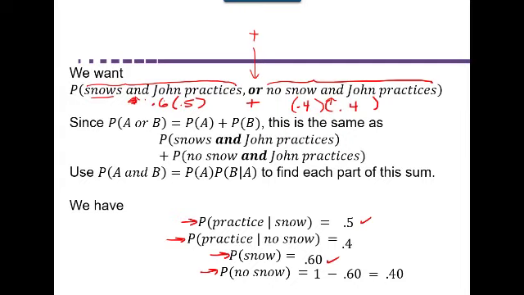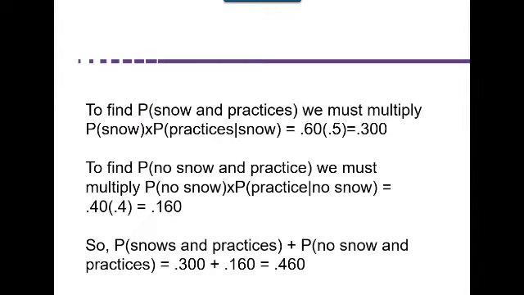Now the probability of no snow would be 0.4 times the probability of practicing given no snow, which is also 0.4. So that means we have 0.3 plus 0.16, which turns out to be 0.46. 0.46 is the probability that he's going to practice.